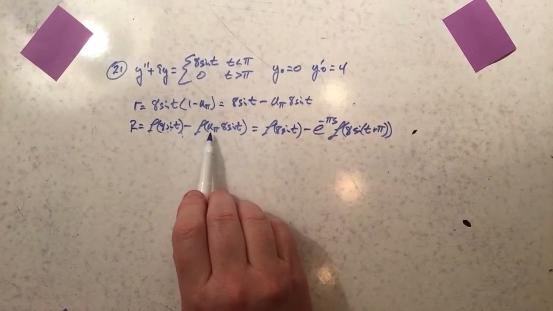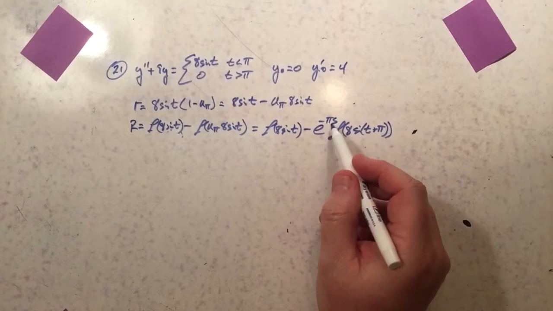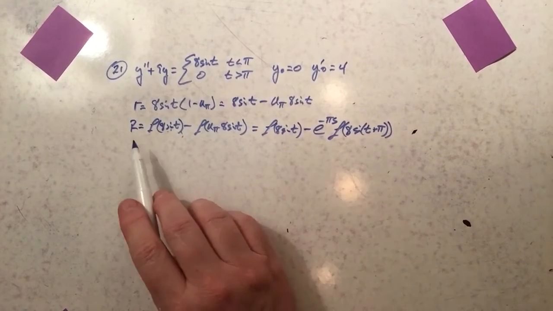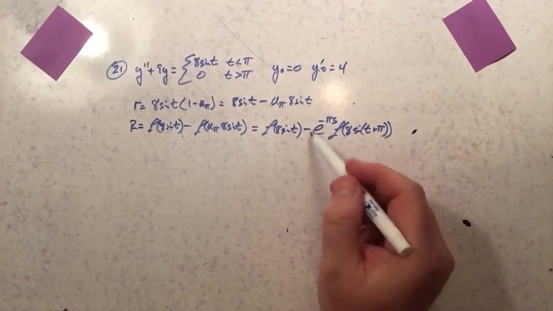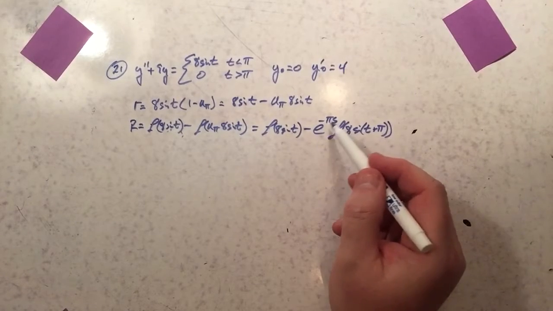And this is where the Heaviside function introduces some complexity. This is going to go inside the algebraic expression, and I've got this term for e to the pi s. But that's all right.